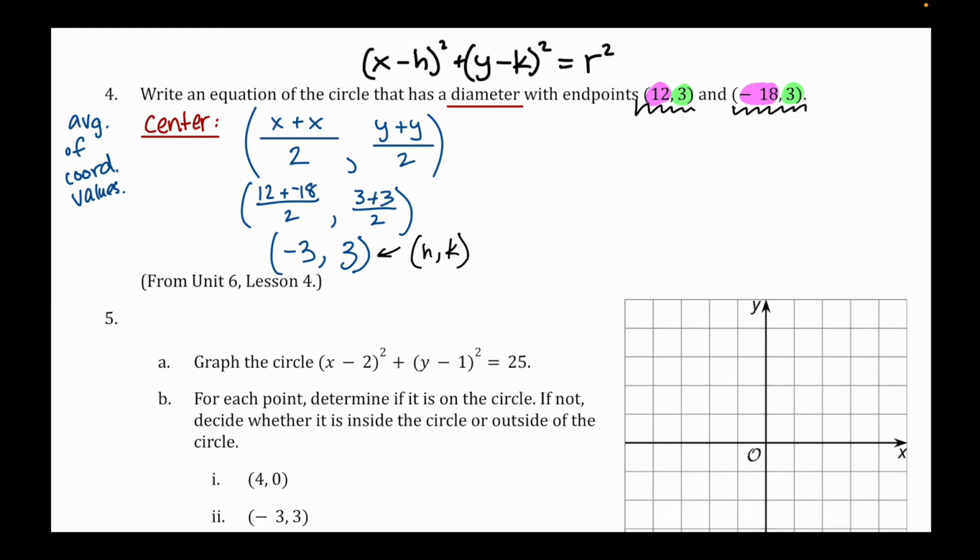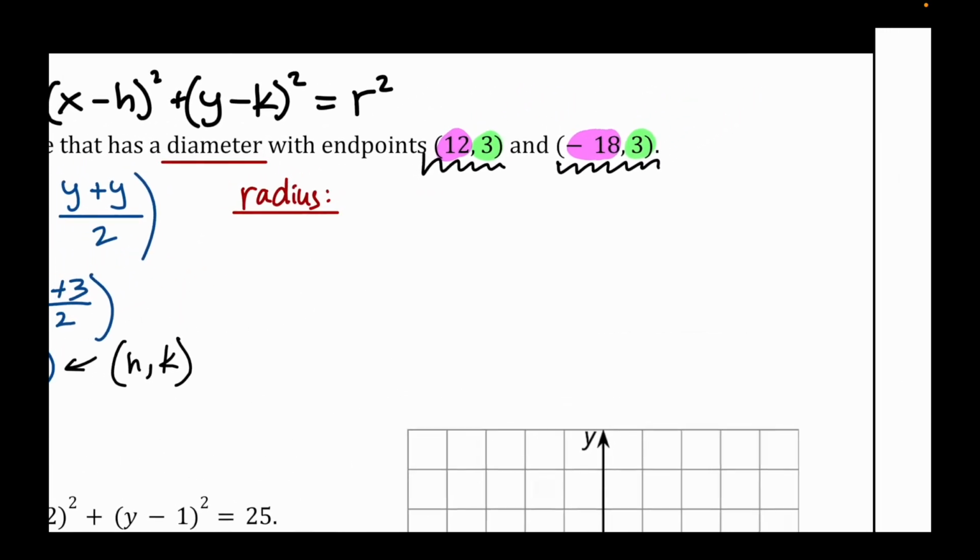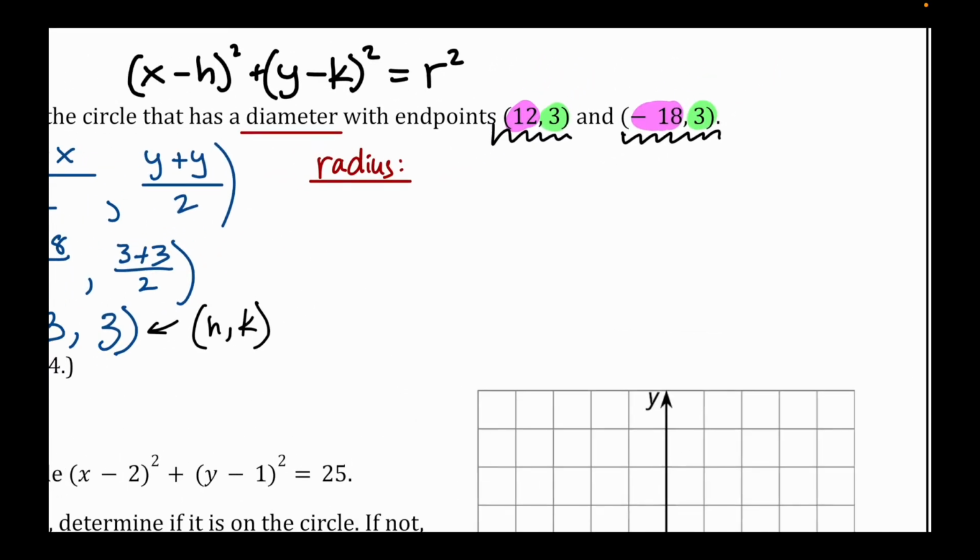So let's do that part here. We're going to work to find the radius on this part, and then I might have to write my answer a little bit above it. But I'm going to use that formula. I'm going to use this one here, the 12 and 3.